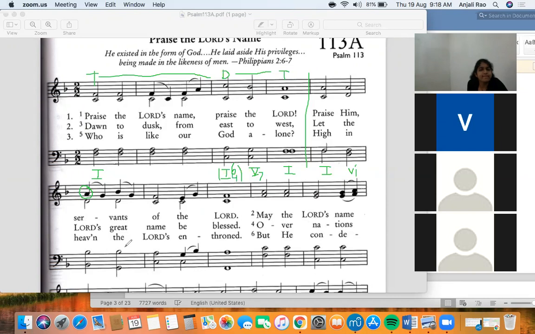Kenneth, are you there? Yes, ma'am. What are these two chords? Ma'am, you said don't look at the A over there. Yes, let's not count the A. I think this is like a suspension. It's held over from the previous chord. It's a non-chord tone, I think.